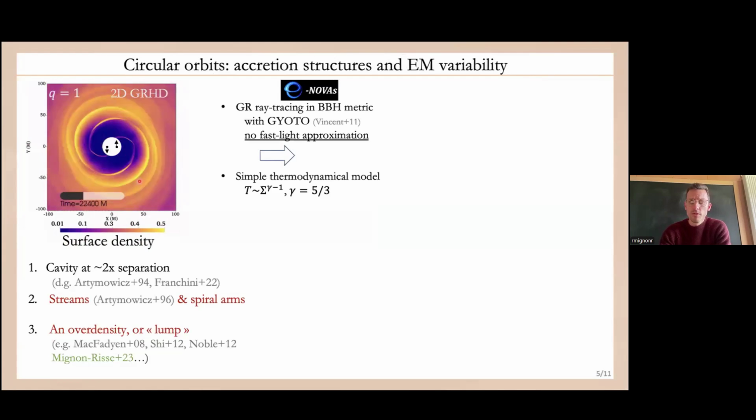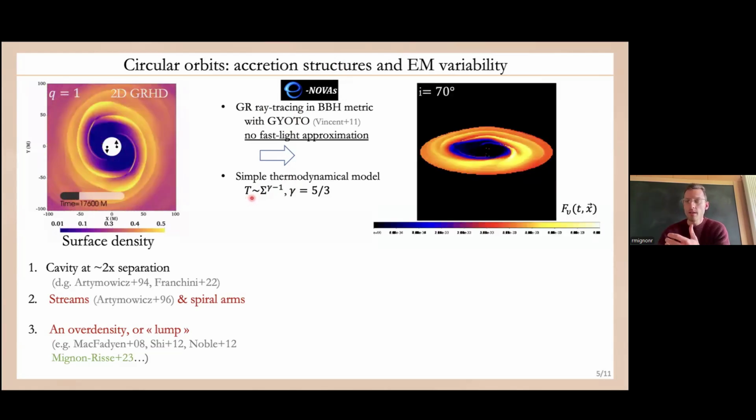And what we could do is then to compute from this some synthetic observations using the GR ray tracing code Giotto in the same binary black hole metric. And here for the temperature, we used a really simple model where the temperature only depends on the local density.